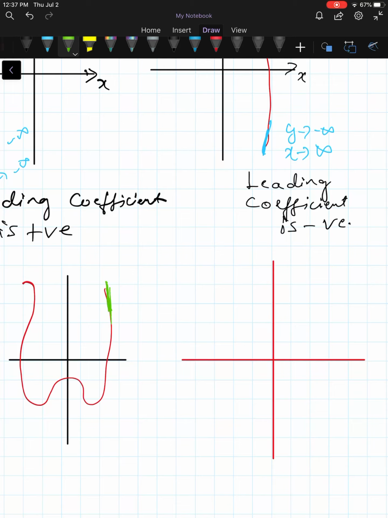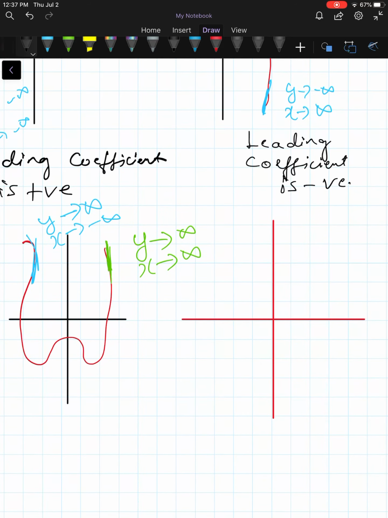So the green part, the one in the first quadrant, tells you that y tends to infinity as x tends to infinity, and the blue part, the other end part of the function, tells you that y tends to positive infinity again, even if x is tending to negative infinity. So even in this case, we say that the leading coefficient is positive.